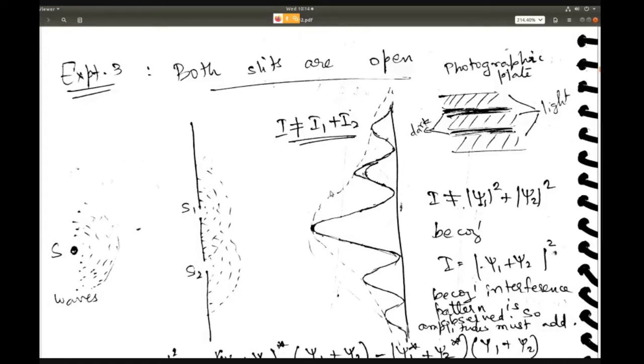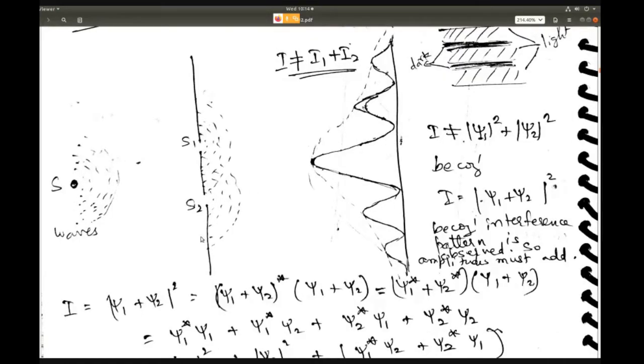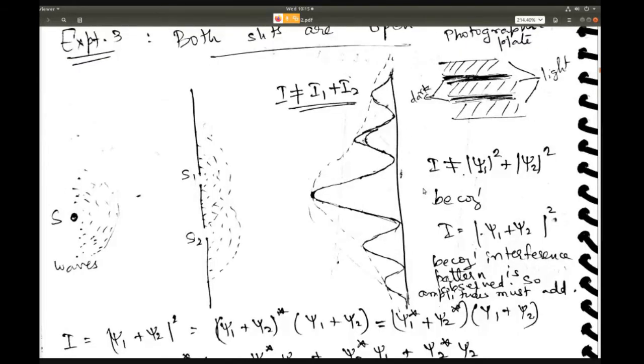All right. So obviously, there is constructive interference between some of the waves, and destructive interference between some of the waves, like psi1 and psi2. So now, what is the total I?